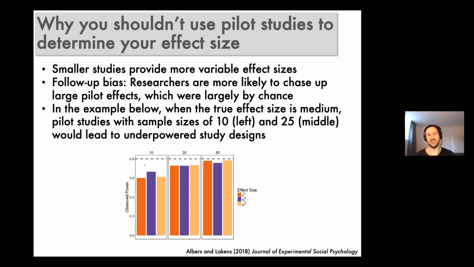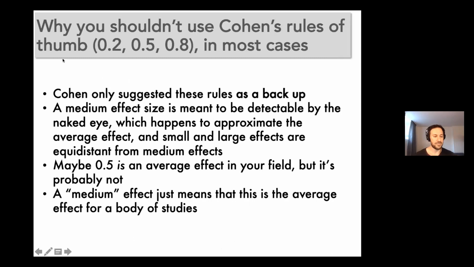But this demonstrates why you shouldn't be using pilot studies for powering your studies. Now, pilot studies are great. They're great for looking at the feasibility of your experiment, but they shouldn't be used for powering or for determining the sample size for your main experiment. So there's a great paper there, which is a reference at the bottom if you want to look more into that.